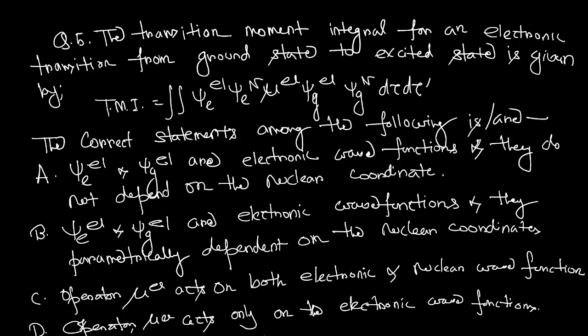Okay, so this is a transition moment integral for an electronic excitation. Now if I look at the transition moment integral in full form, the full wave function is dependent on the nuclear wave function as well as the electronic part.